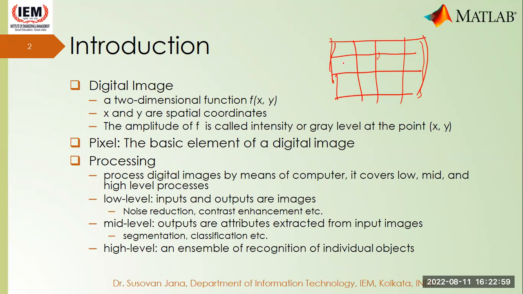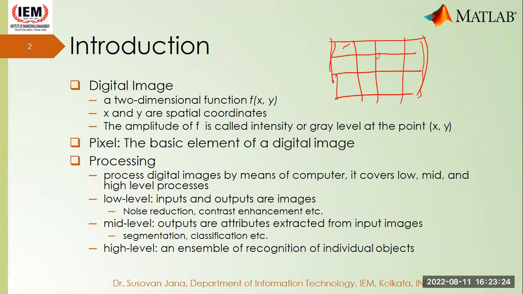Now, what is processing? Processing is the computing over the digital image. Based on the computational complexity, there are three levels of processing. The first level is low level, where input and output are both images, for example noise reduction and contrast enhancement.